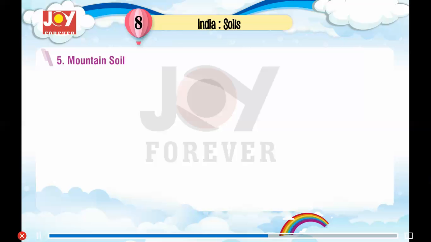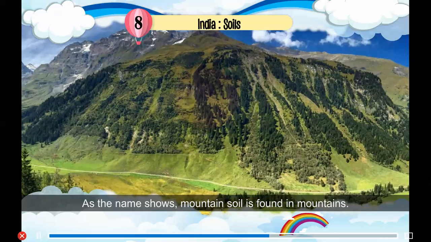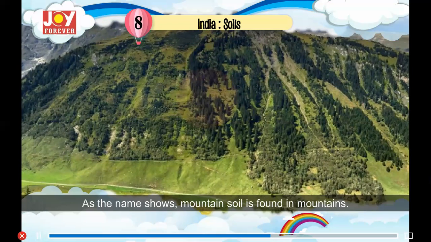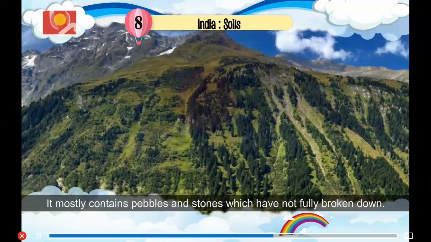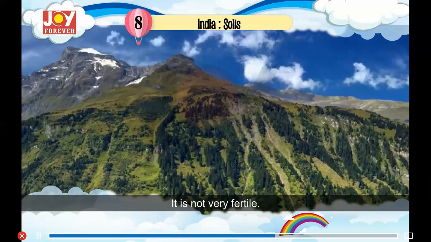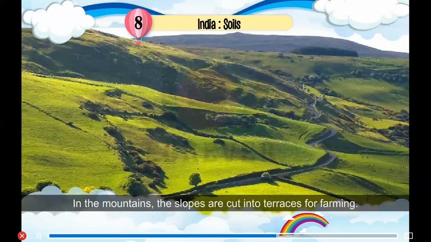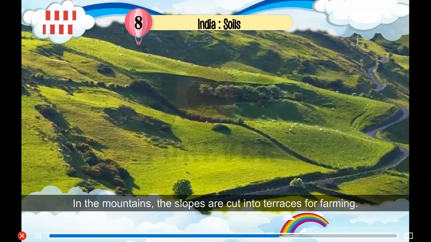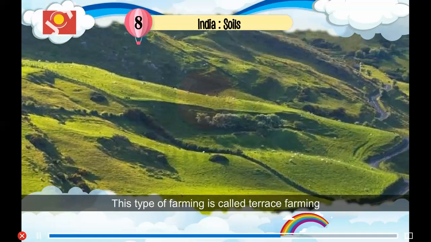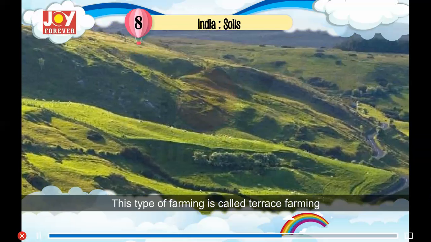5. Mountain soil. As the name shows, mountain soil is found in mountains. It mostly contains pebbles and stones which have not fully broken down. It is not very fertile. In the mountains, the slopes are cut into terraces for farming. This type of farming is called terrace farming.